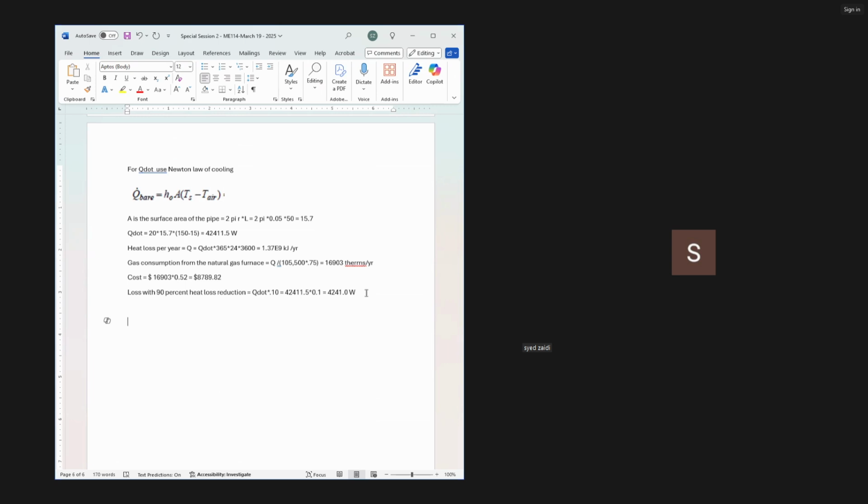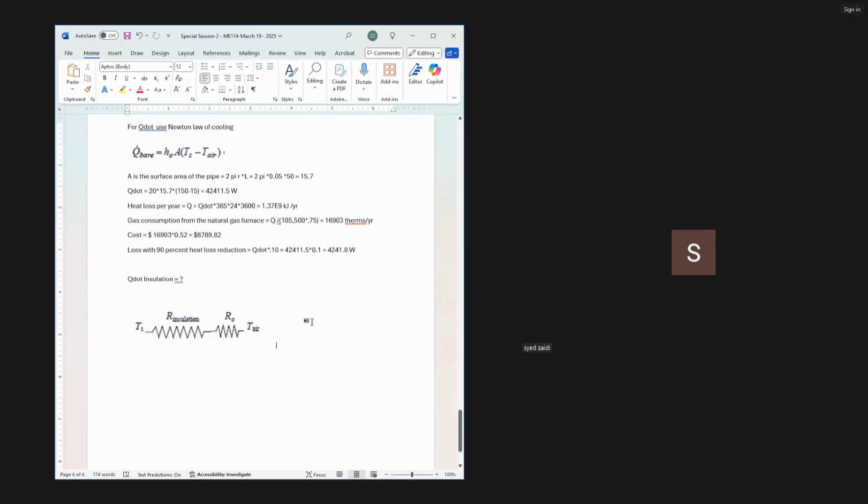Now you remember that the resistance model for this one will be R insulation and R0 and T air, starting with the TS surface temperature, then insulation, then R0, and then T air.